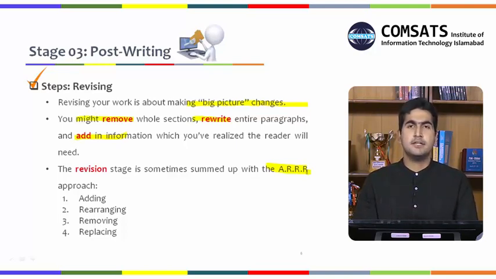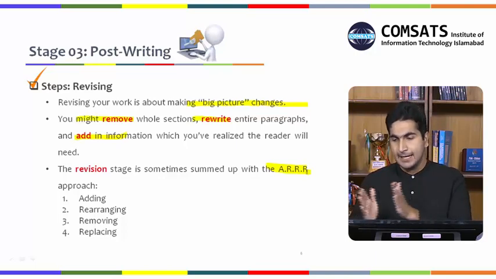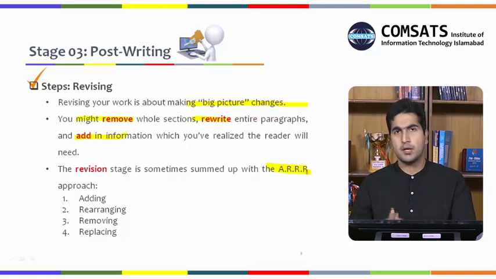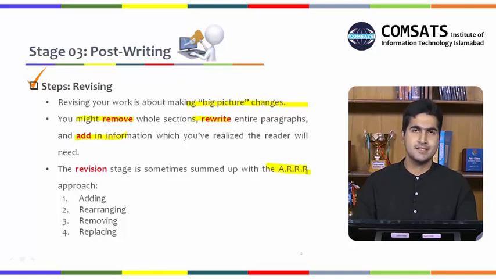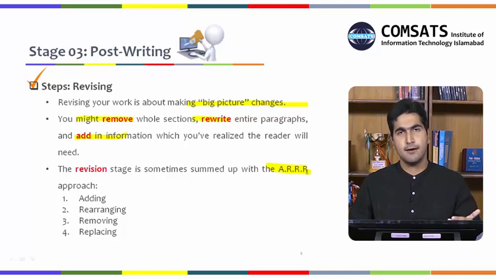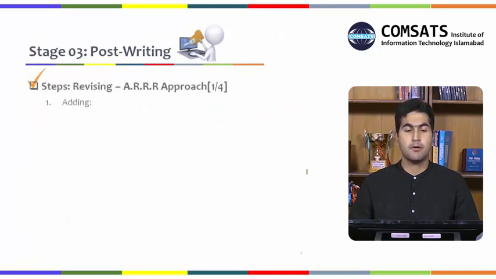The second R is for removing something, if you consider it extra, irrelevant or distracting for your readers. And then comes the third R, which is for replacing. Rather than removing, if you feel that something else would better fit over here or can be substituted, then of course you're going to replace the existing content with another one. So this is the A3R approach, which is used for revising your content.